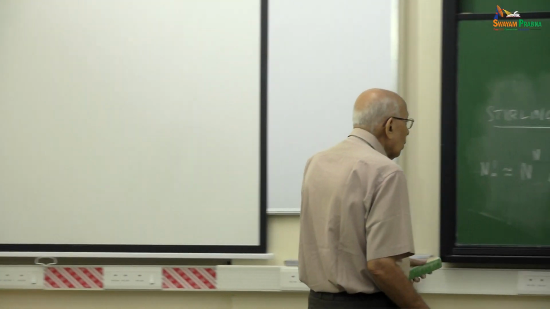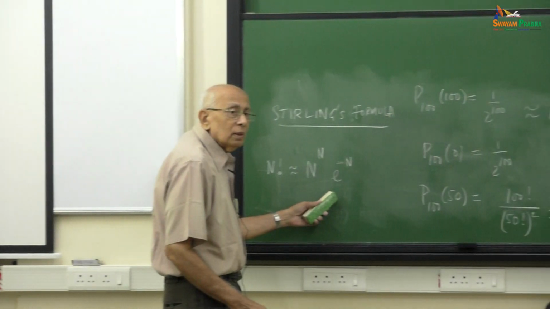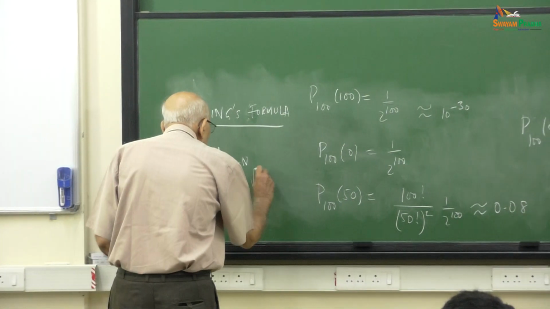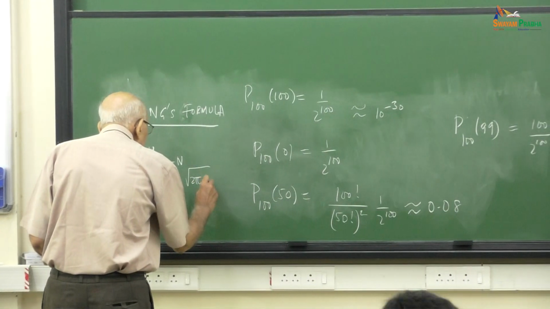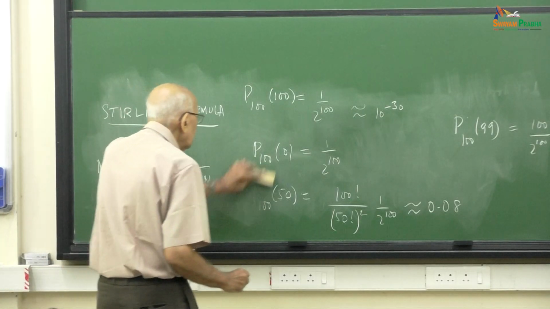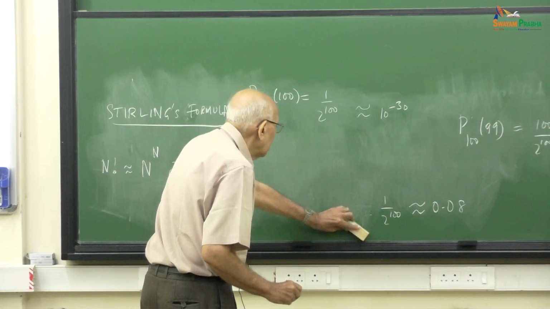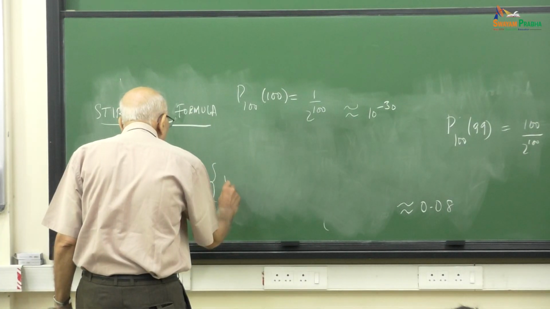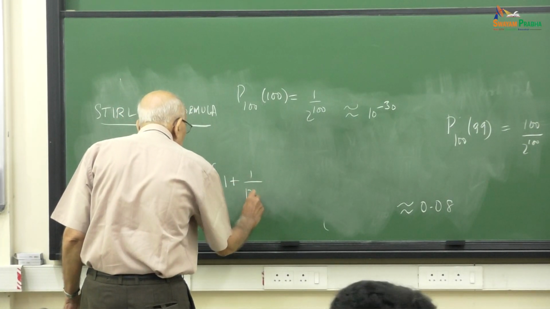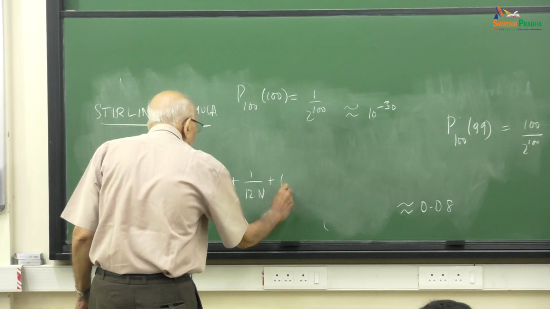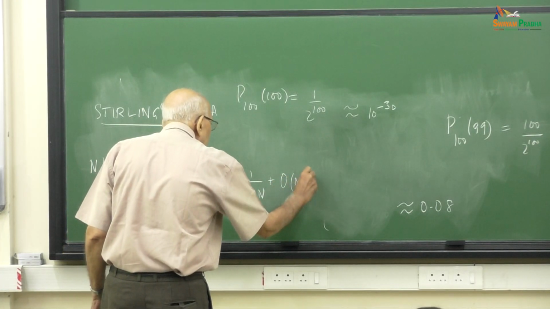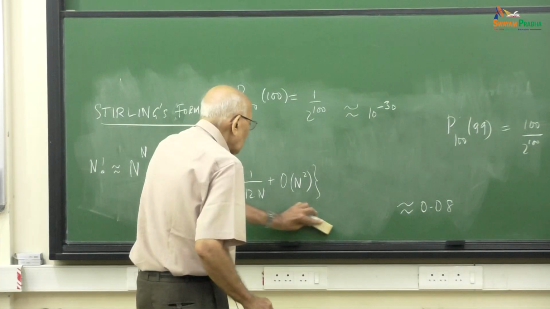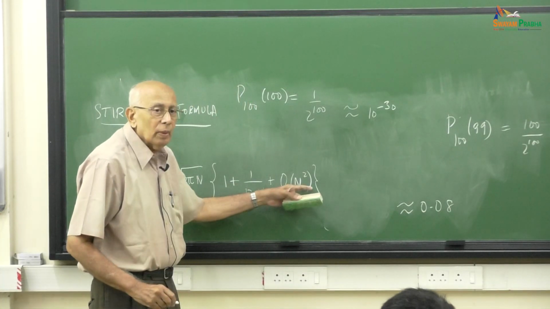This overcompensates. So there's one more factor, which is the square root of 2 pi n, multiplying it, times 1 plus a correction which is of order 1 over 12n, plus a correction of order 1 over n squared. So there are terms of order 1 over n squared.